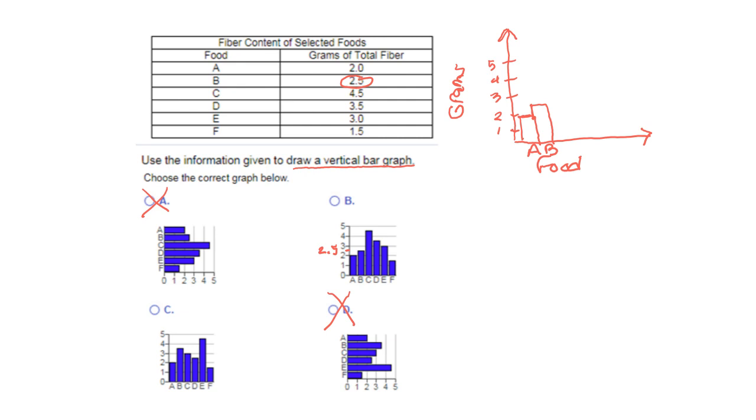But if you look at this other bar for the B on the answer choice C, this is at 3.5. So the height on B is too high on this choice C. So that's telling you your answer is going to be B. And that is what your bar graph should look like.